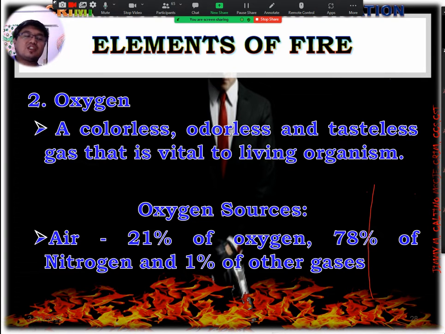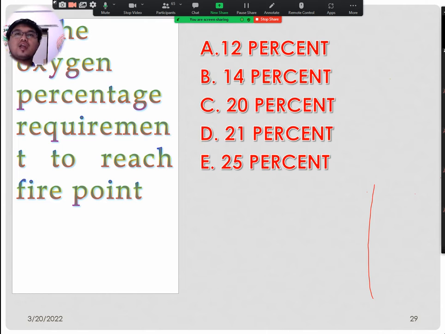So what are the things that could be asked during board examination in relation to oxygen? They might ask you, what is the required percentage of oxygen to reach what you call the fire point?